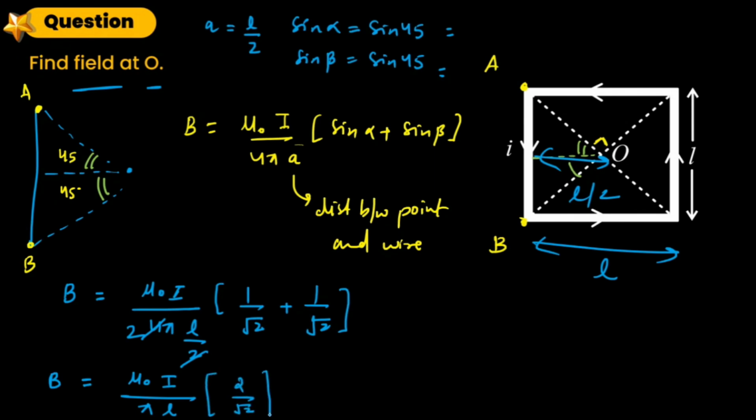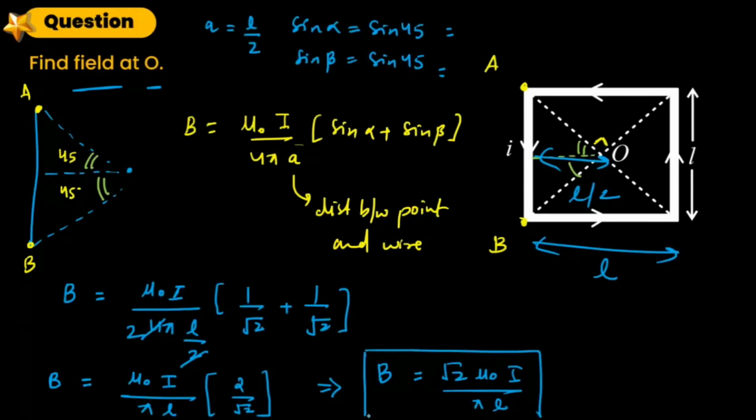But yeah, so is it going to be the answer? We can say the magnetic field due to one such wire would be root 2 times mu naught I by pi L. But this is because of one such wire. We have the whole square and all the wires are identical, so we just multiply it by 4.